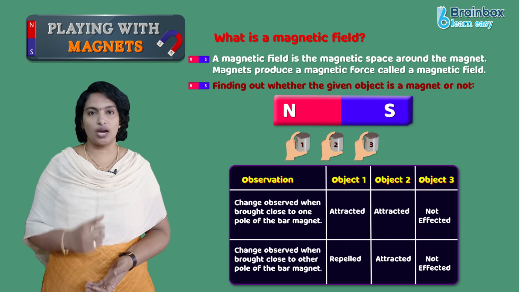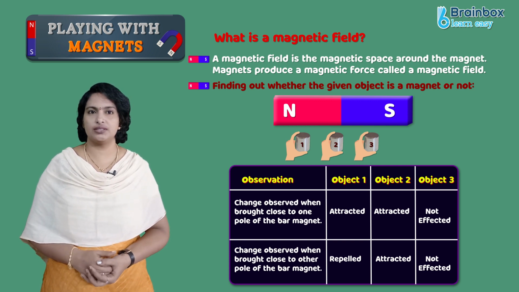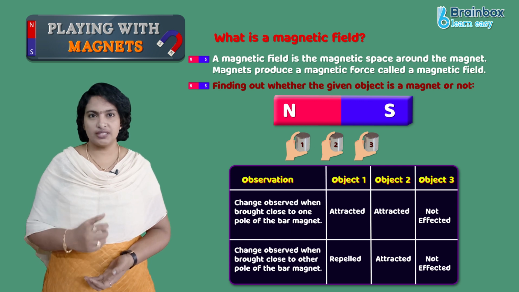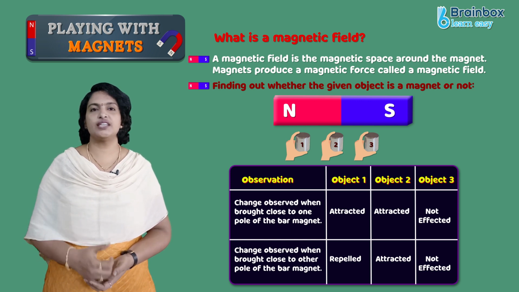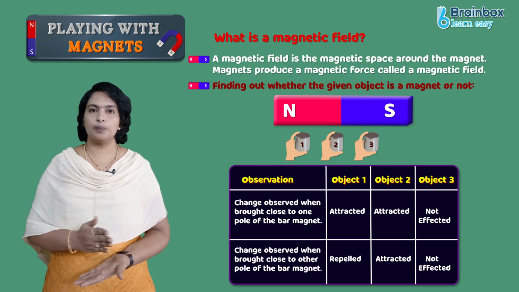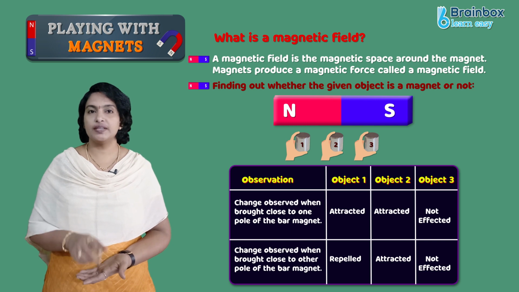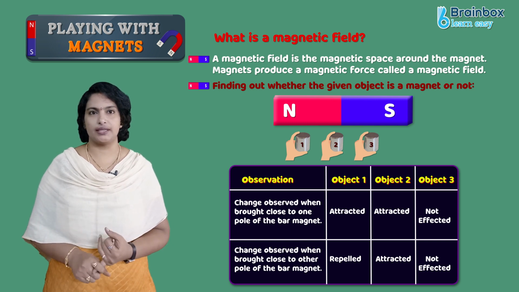Now, what do you conclude by comparing these three recorded observations? From these observations, we can say that if an object is attracted by one pole of the magnet and repelled by its other pole, then you can say that it is a magnet.